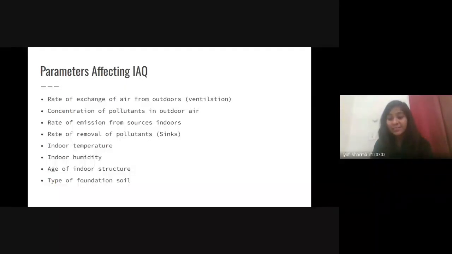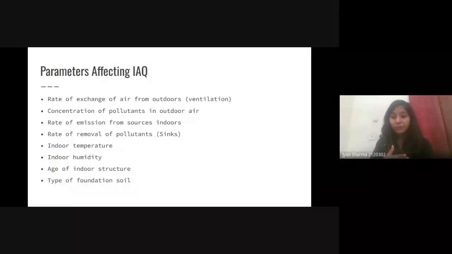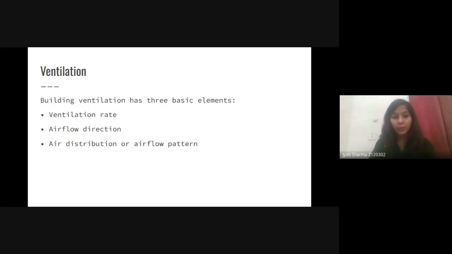It can cause cancer. So based on the type of foundation, soil, and the age of the indoor structure, because with time the formation of pollutants may decrease or may also increase. So these are the parameters that will affect your indoor air quality. Okay, then let's talk about ventilation.